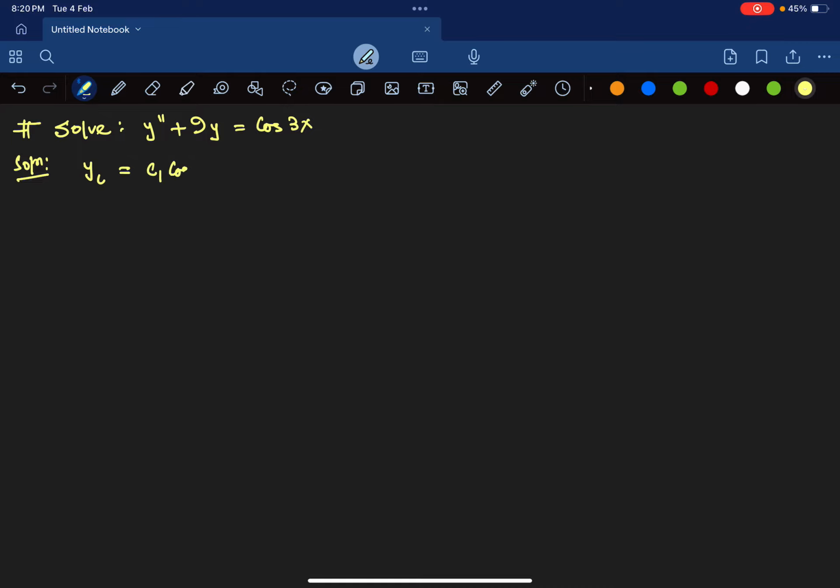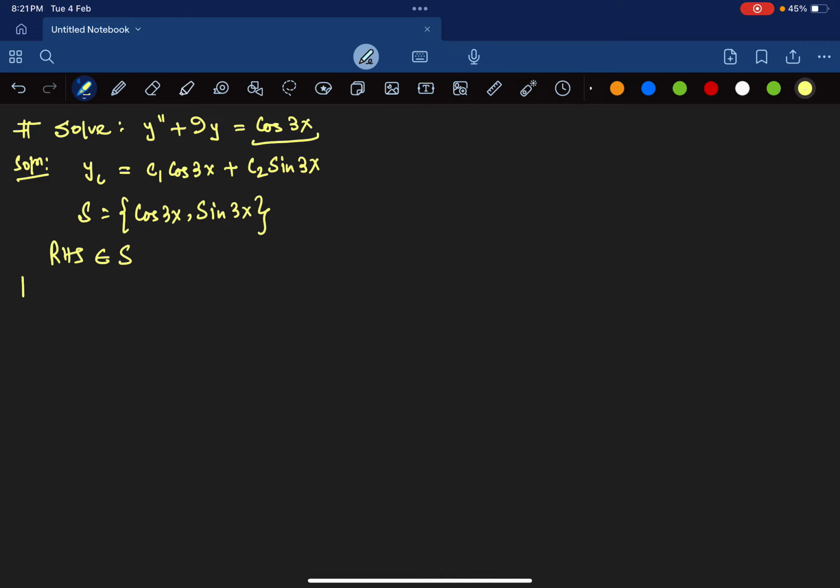So yc is equals to c1 cos 3x plus c2 sin 3x. Now see this solution set has cos 3x and sin 3x, but this right hand side is cos 3x.